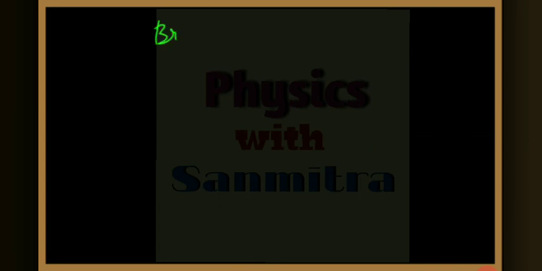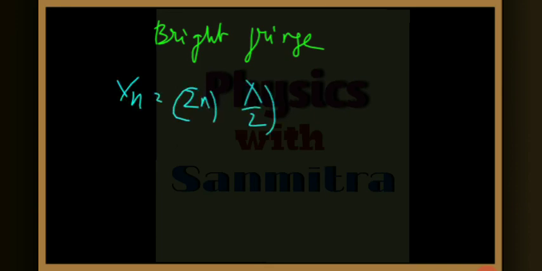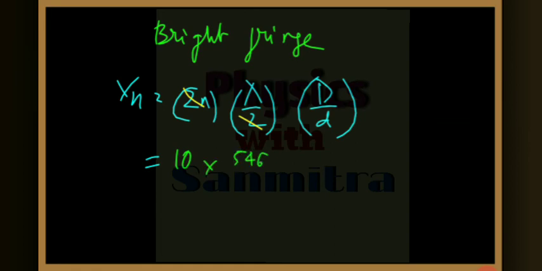Now just understand one thing. For bright fringe, xn is 2n lambda by 2 into D by d. What is n? n is 10. Let me cancel 2 and 2. n is 10 at bright fringe. Lambda is 5460 Angstrom, that is 5460 into 10 to the power minus 10 meter. Let's convert everything into SI. What is D? That is 2 meter. What is small d?